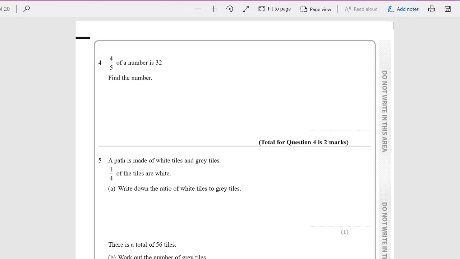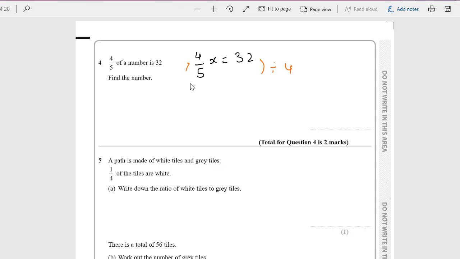Question 4. So 4/5 of a number is 32. Find the number. So what that says is essentially we have 4/5 times x, which is the number we're looking for, equals 32. So what we could do is multiply by, actually let's divide first, because then if we divide we'd get a smaller number here.